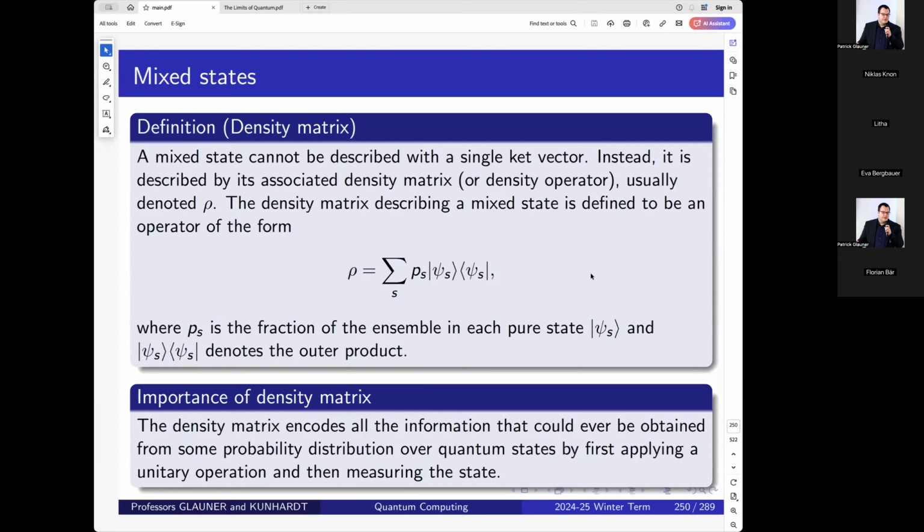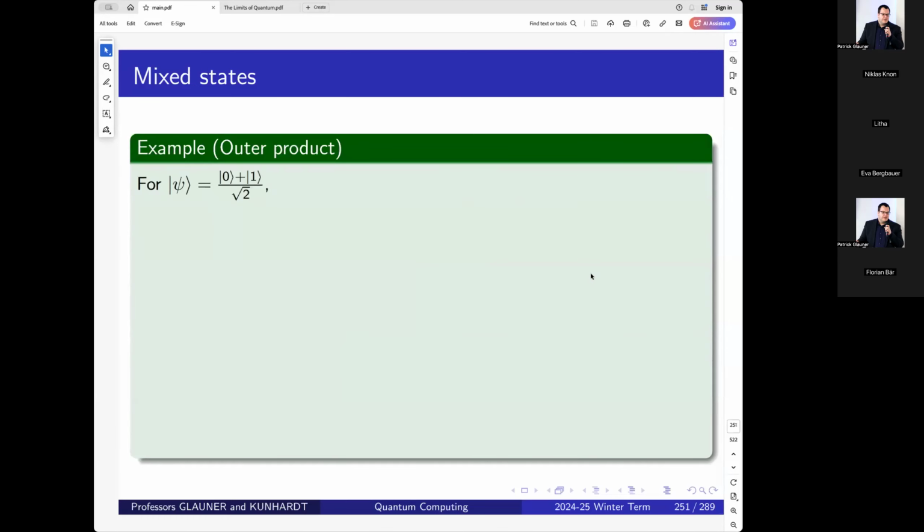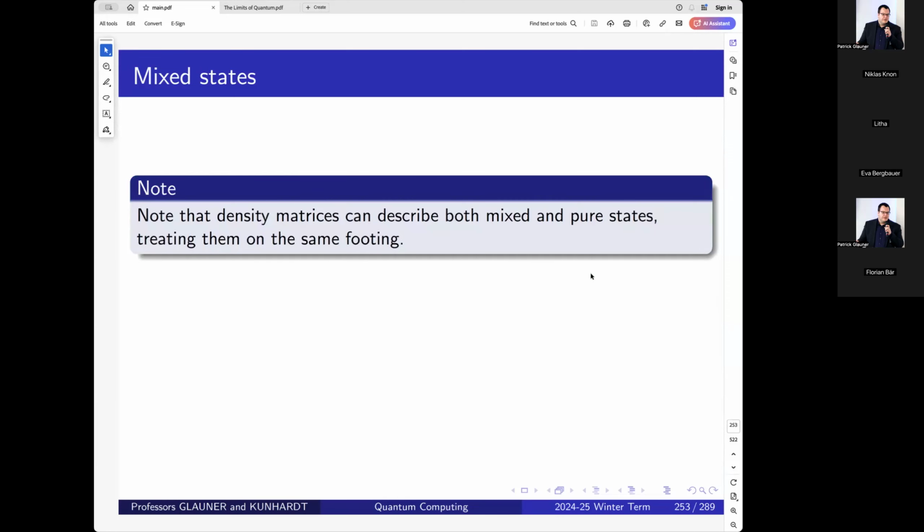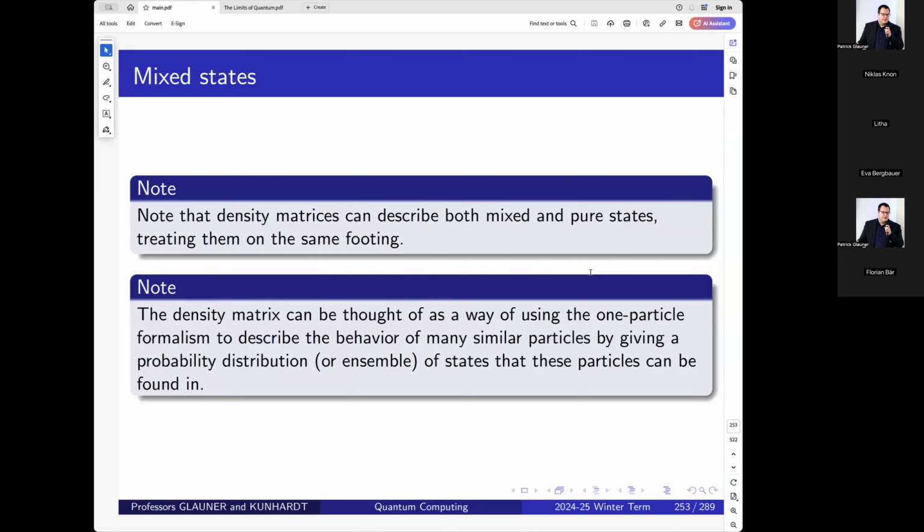So just well formatted, this is what we had just done as examples. And density matrices can describe also pure states. So it's the same approach to describe mixed states as well as pure states.